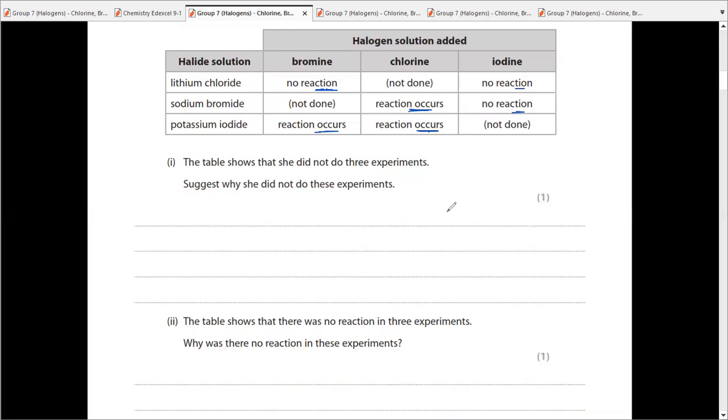Since there are three no reactions, there are three possible explanations, one for each of them. So, look again, look on your left and look on your top and try to find a reactivity difference pattern. This is too big of a hint.